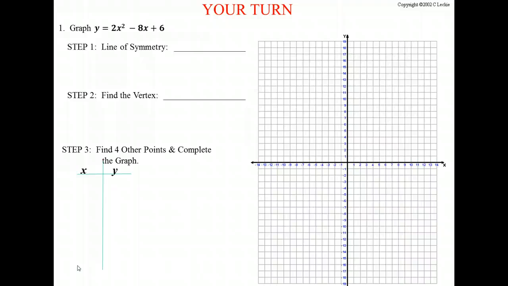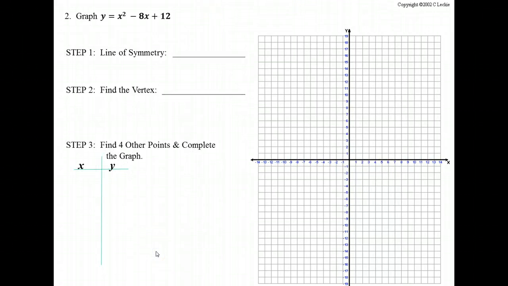And find 4 other points by choosing points to the left or right of the symmetry line, and then using the idea of symmetry to find 2 other points. So you have 2 problems to do. The first one is up there, and the second one. Good luck.